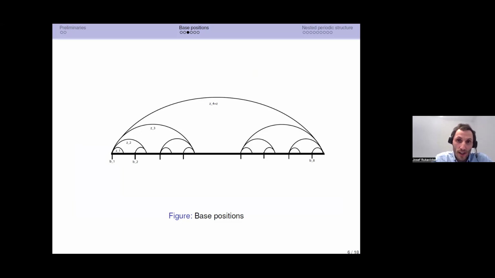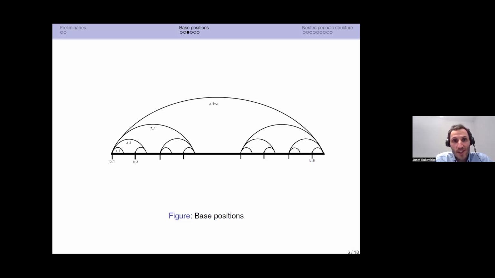So finally, I have this structure of palindromes with all the occurrences of, not all, but with these occurrences of Z1, Z2 till Z4. There may be some other occurrences, but I'm not interested in them. I'm interested only in these, let's say, natural or canonical occurrences of these palindromes.